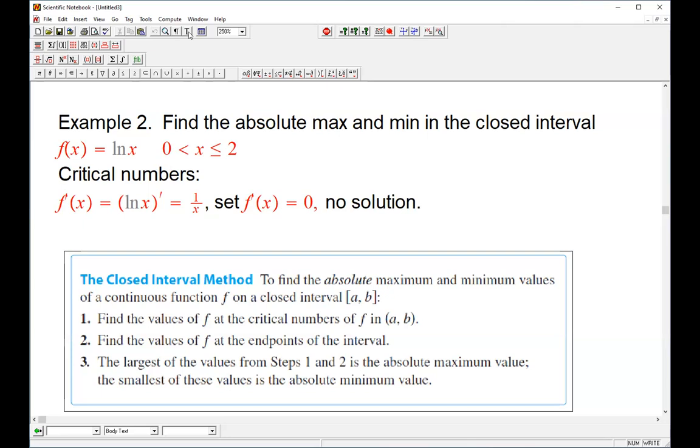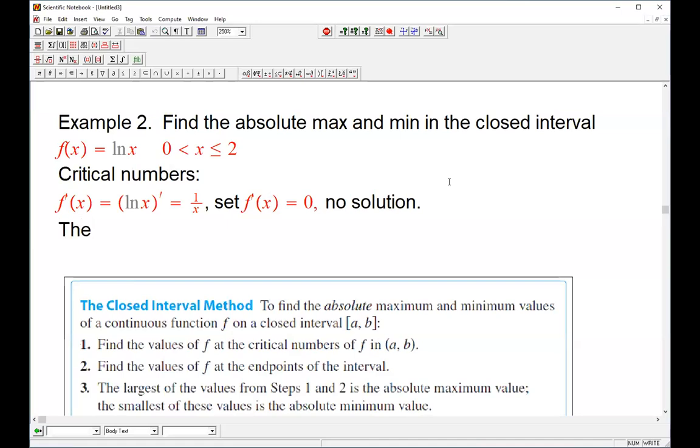The domain of ln x is x must be larger than 0. Only for x larger than 0 can you take a derivative.